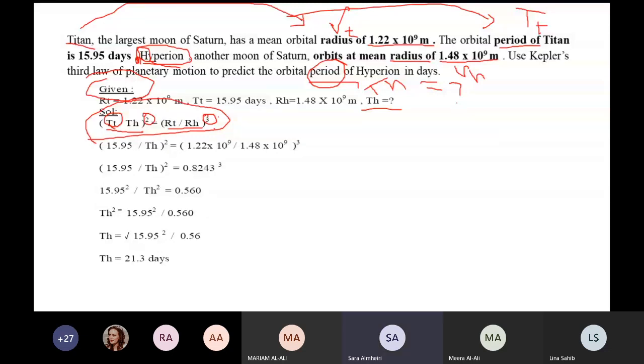T power square with R power 3. What I have to do now is replace the numbers. And after that, make cross multiplication and add roots. I should add root because I have square or cube. Now, second step.